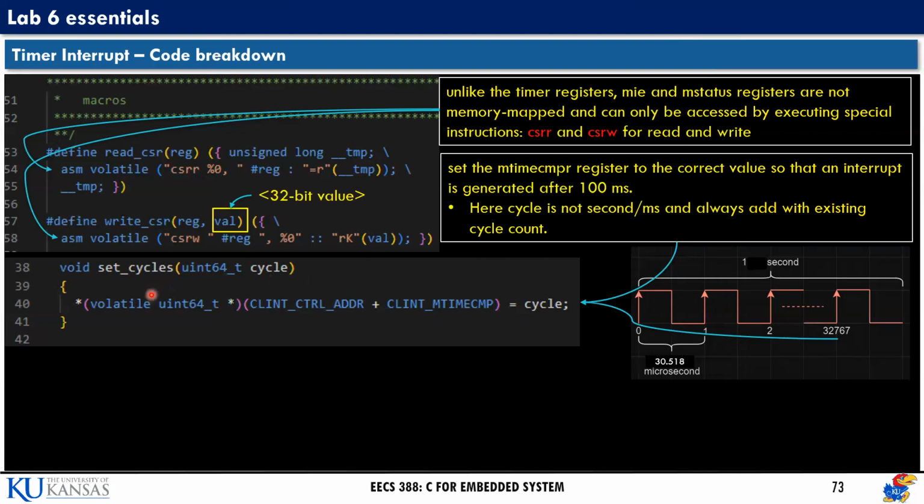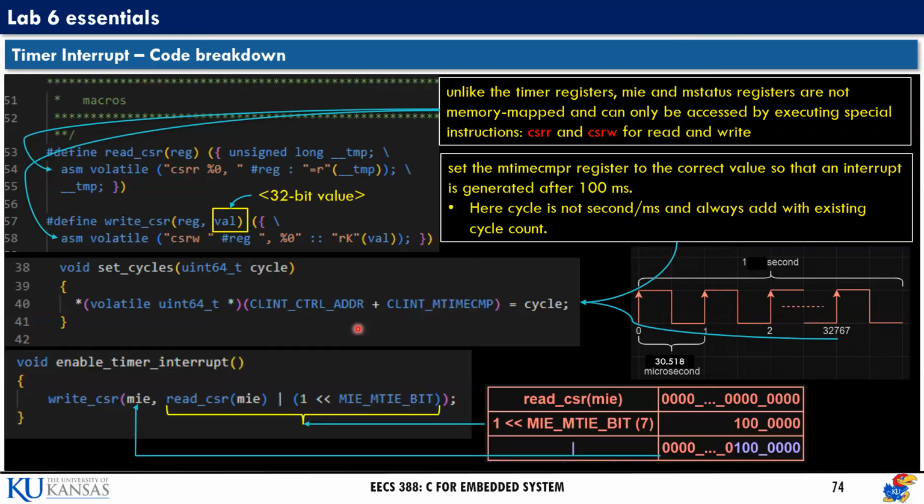So set cycle is basically setting the register value of our mtimecmp register, and we have another function in the interrupt.c file, that is the enable timer interrupt function. This is a void function, and you can see here we are modifying the MIE register. We are collecting the data from the MIE register.